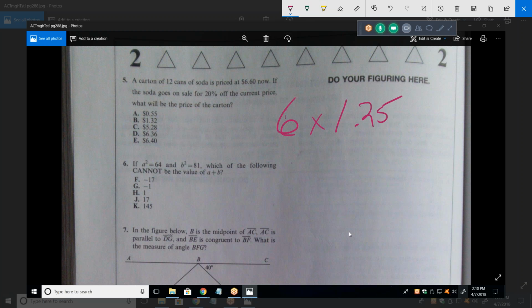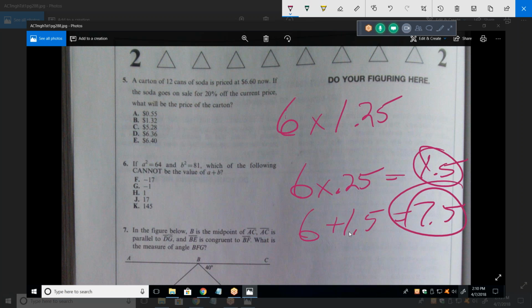In other words, I could do this in two steps. I could do 6 times 0.25 and then add that to 6. Well, 6 times 0.25 is 1.5. So 6 plus 1.5 is 7.5.